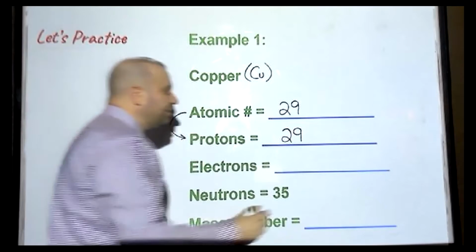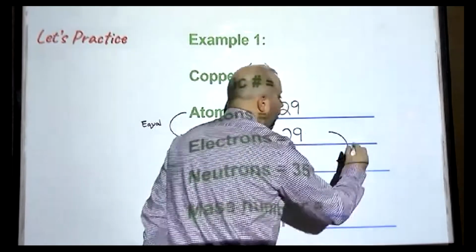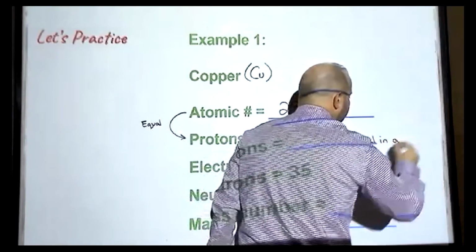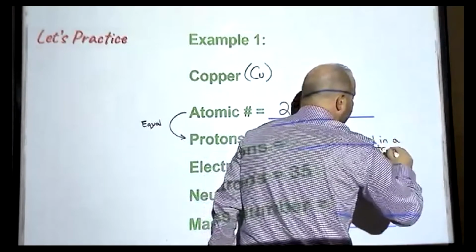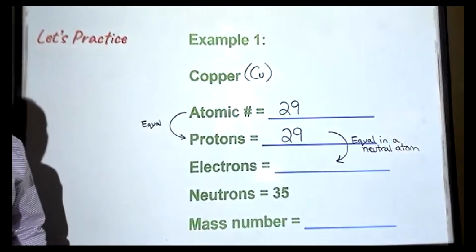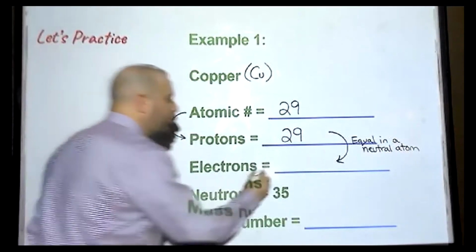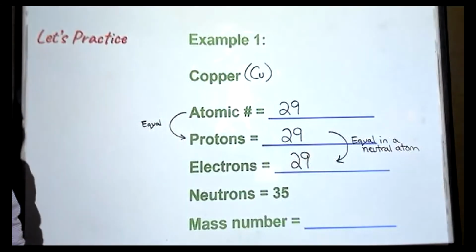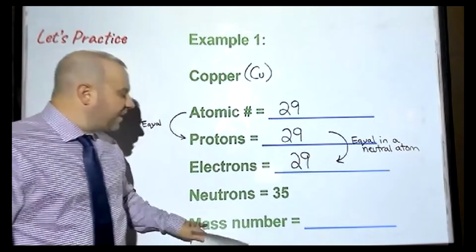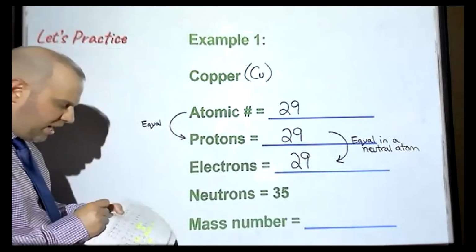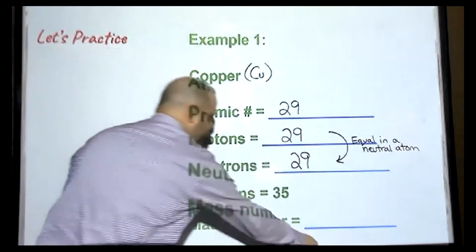The next part is these two are equal to each other if we have a neutral atom, which we do today. So we can say that these two numbers are also the same. So that's 29.